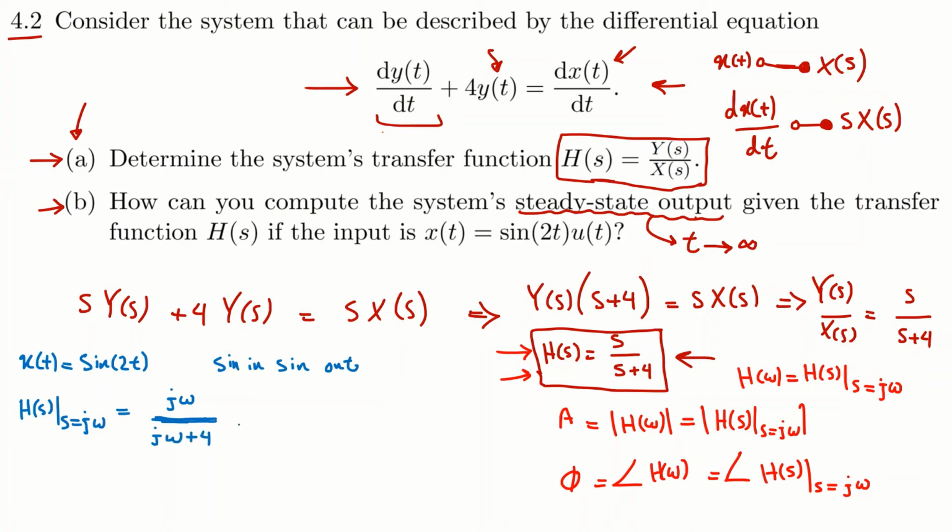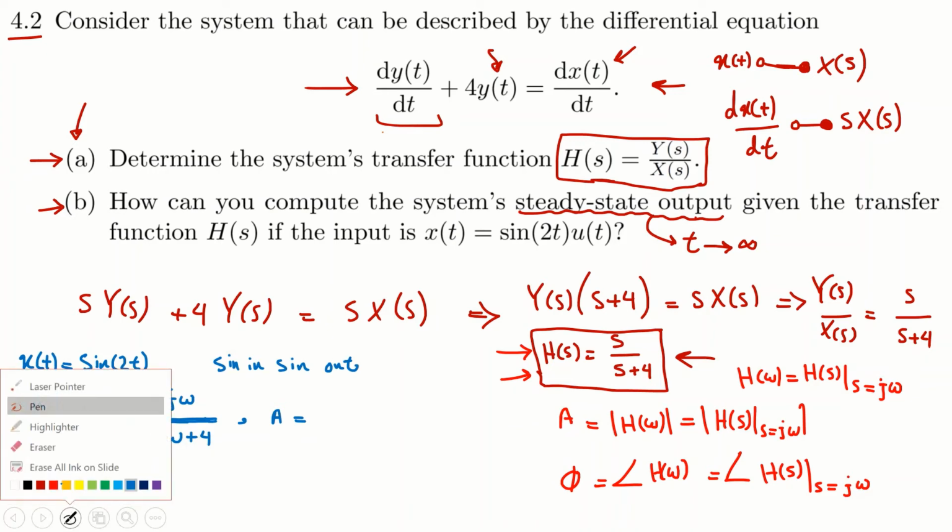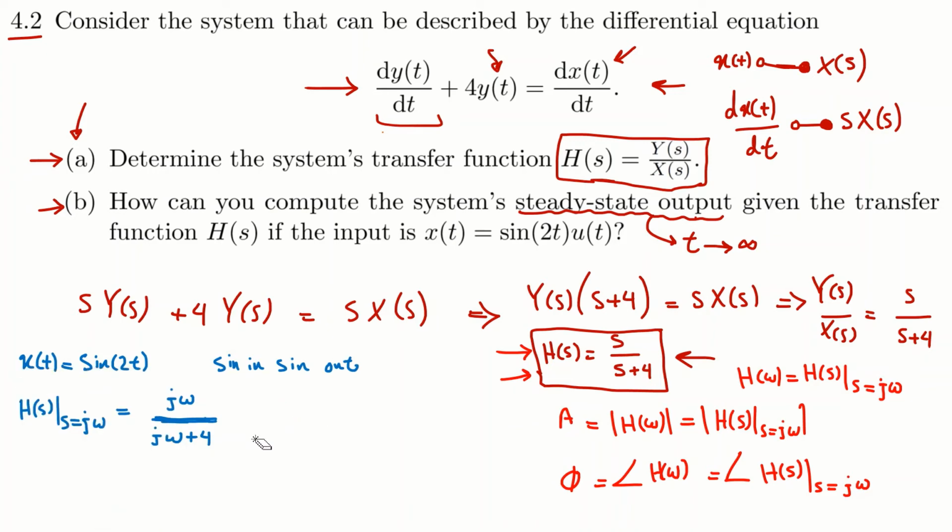So if you want to calculate the magnitude of this, that's equal to the magnitude of the numerator. Before that I should replace omega by 2, because we already know omega is 2, so this equals j2 divided by j2 plus 4.